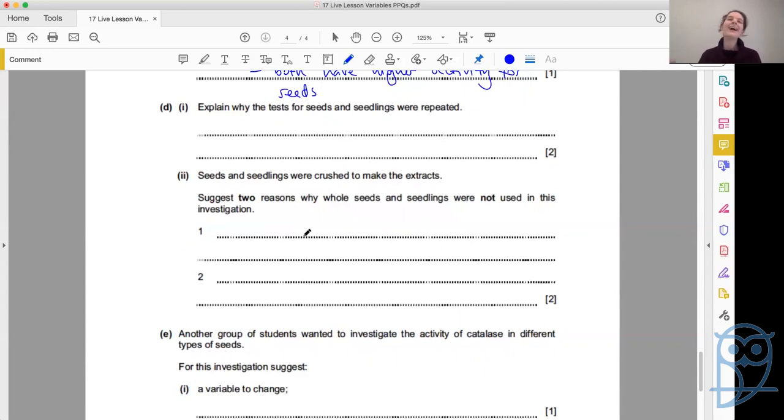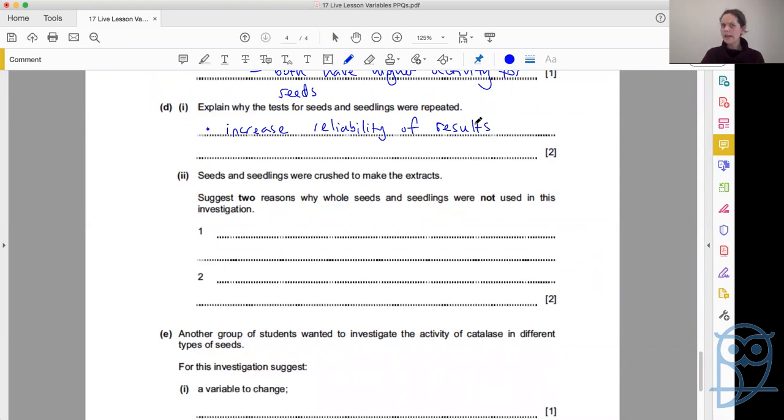We're smiling to ourselves because at the beginning about repetition, we said, haha, reliability. When we increase repetitions, we increase reliability. So we are increasing the reliability of the results.